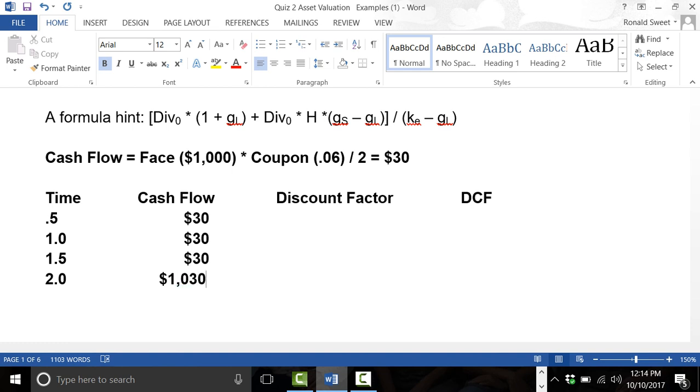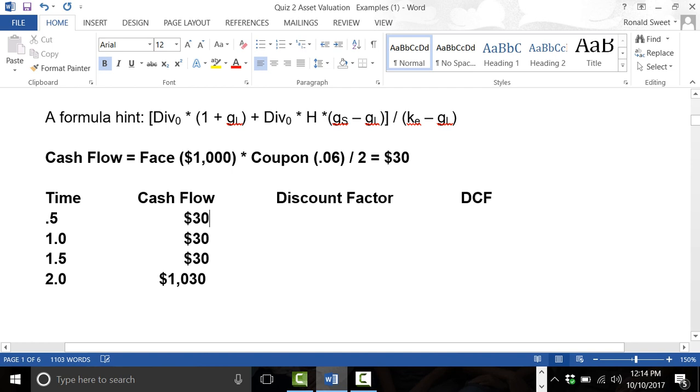So those are our cash flows. So this is the truth for every single bond, every corporate bond. The coupon divided by 2, so 6% divided by 2, or $30, is your cash flow until the very, very last time period, and then you get your $30 plus the $1,000 back.